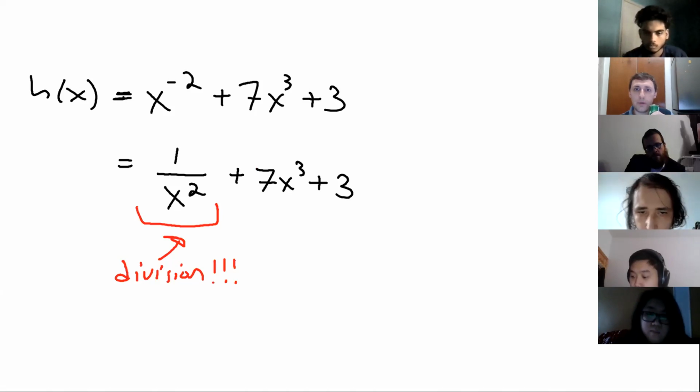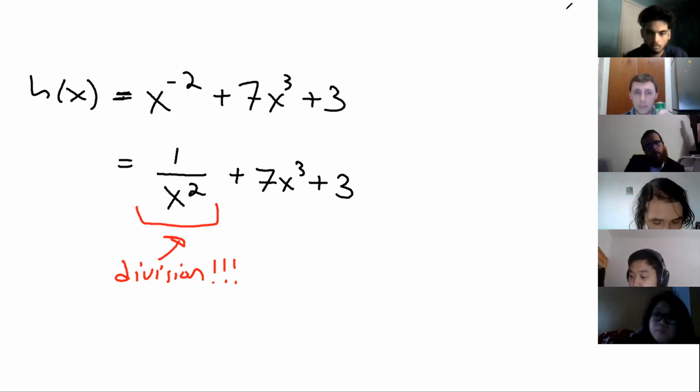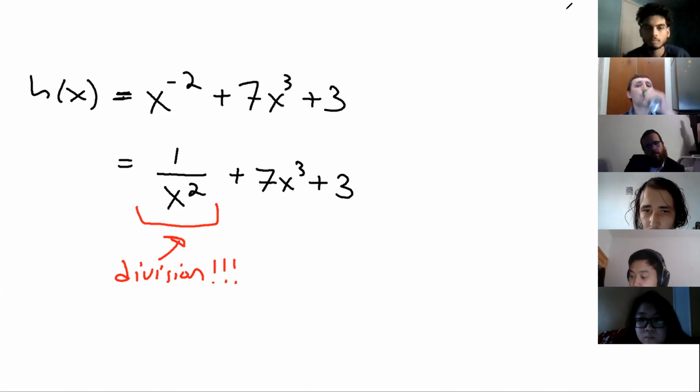Well, remember what I'm asking. Can you avoid doing division? Will it be sufficient to only use multiplication and addition? We can divide the whole thing by x squared. Well, I can make it into another expression, but can I avoid using division?